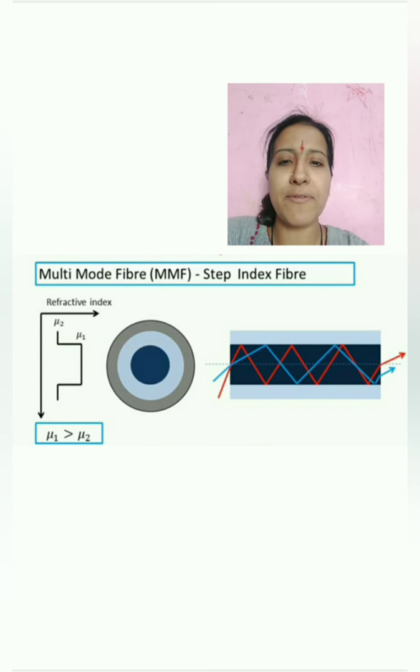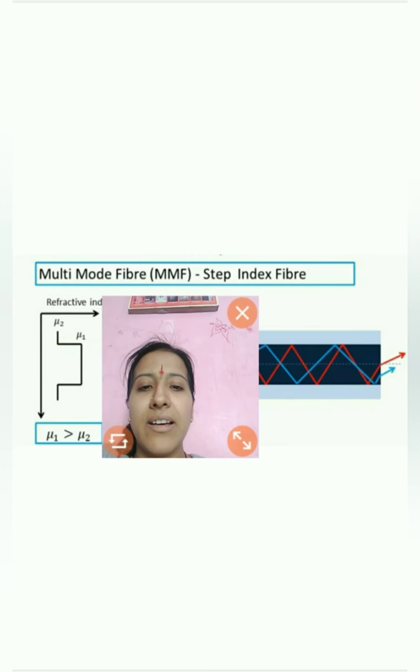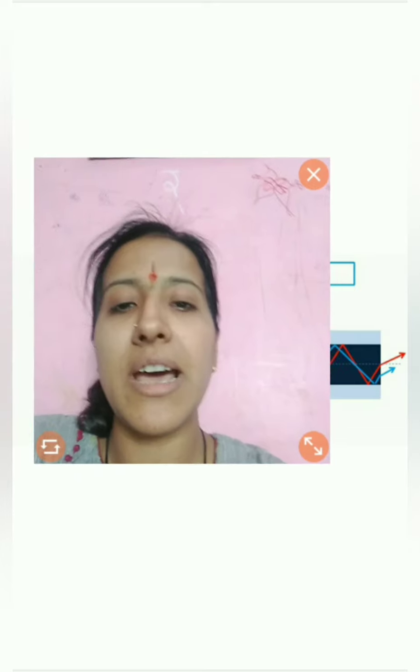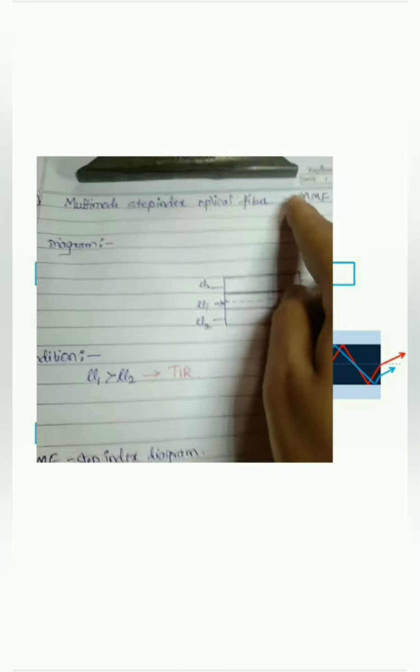Now, towards the left, again we are observing a refractive index profile diagram. Now friends, let us understand clearly how this has to be understood. See, this is the MMF.